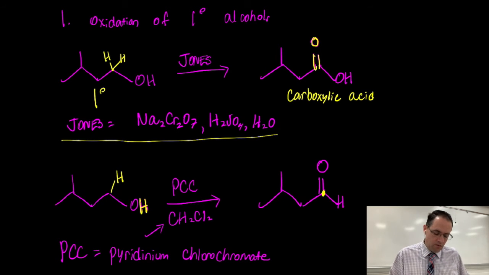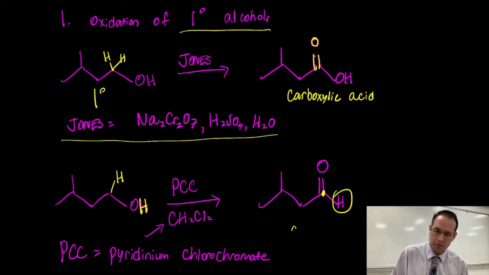We normally draw the double-bonded O always pointing up, so it might be confusing because the alcohol is pointing to the bottom right. And we always draw this aldehydic hydrogen; we'll show why that is later when we talk about aldehydes. So that's primary alcohols: primary alcohols can form carboxylic acids with Jones or aldehydes with PCC.